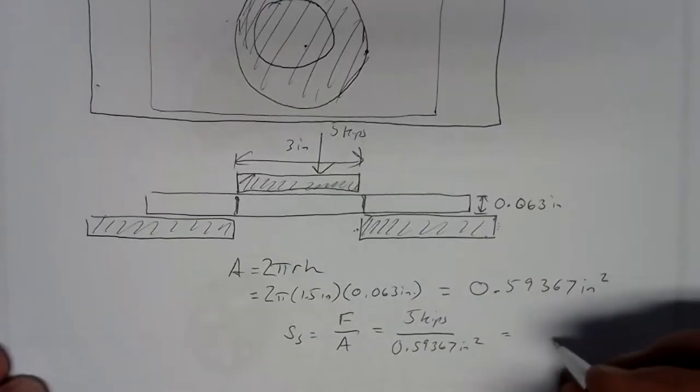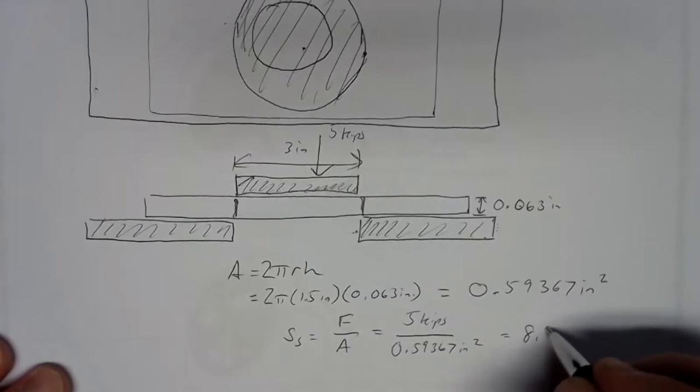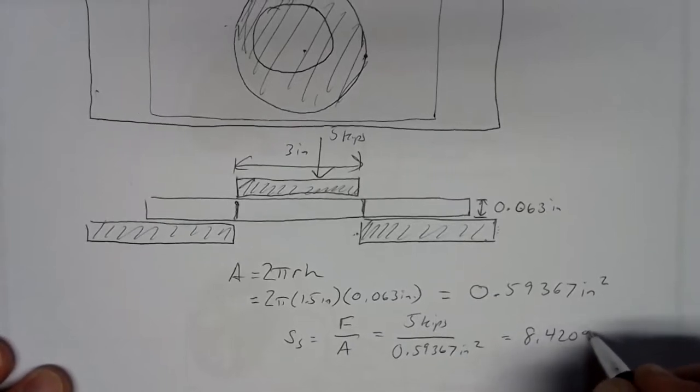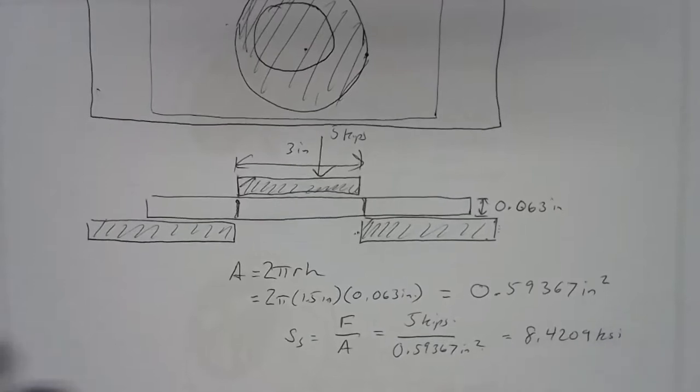And that gives us 8.4209 kips per square inch, KSI. So not a whole heck of a lot of stress, shear stress.